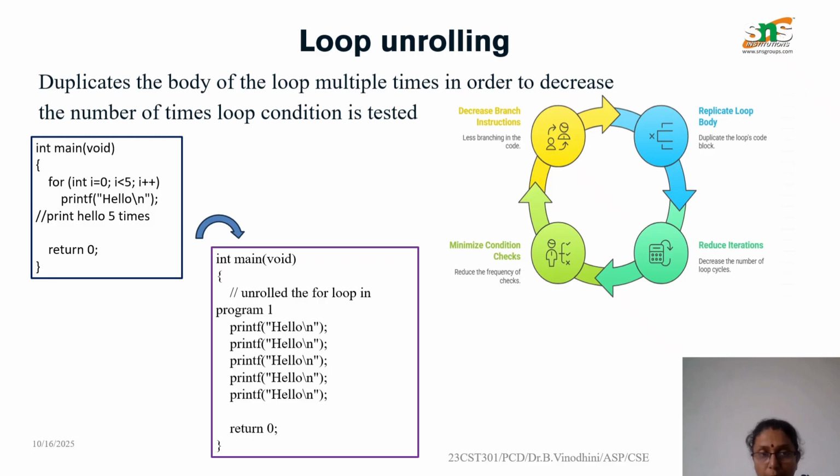Instead of using the for loop, we can unroll it by writing the print statement 5 times. So in the optimized code, we unroll the for loop and print the hello statement 5 times using printf statements. That is loop unrolling.